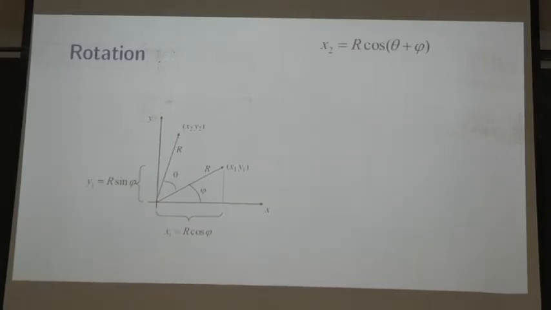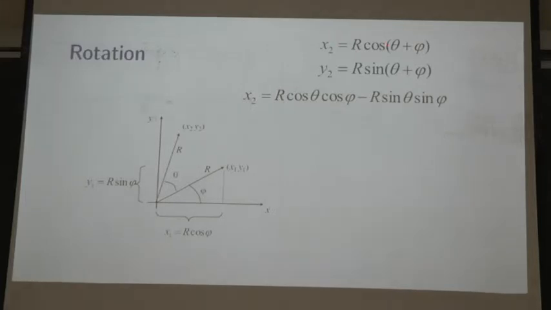And then, what is x2? Well, the only thing that has changed is the angle, and the angle is theta plus phi now. So x2 is r cosine of theta plus phi, y2 is r sine of theta plus phi.